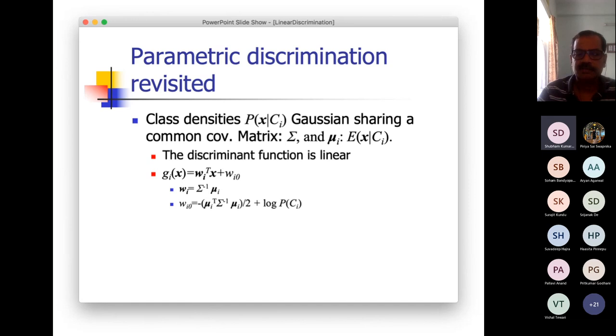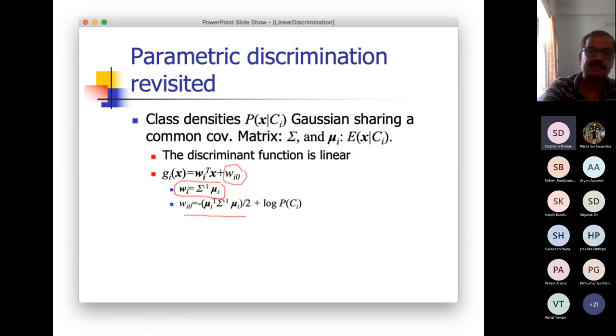So the weight vector, that means the normal to the hyperplane, is given by this expression: the inverse of the covariance matrix multiplied by the corresponding mean vector of this likelihood class. And the corresponding bias term is given by this value, and this is a scalar value.